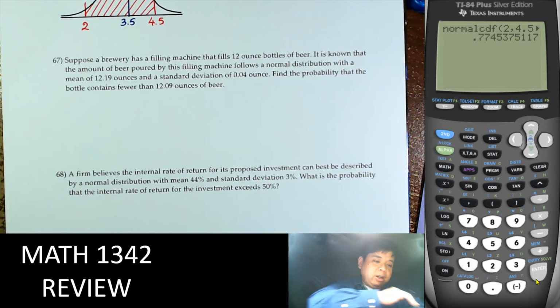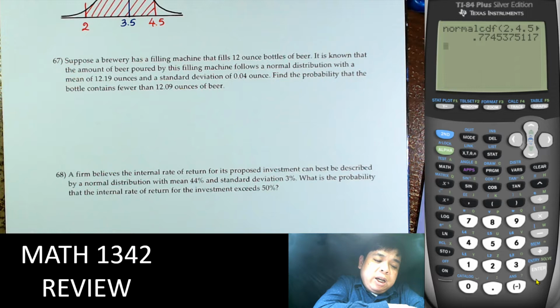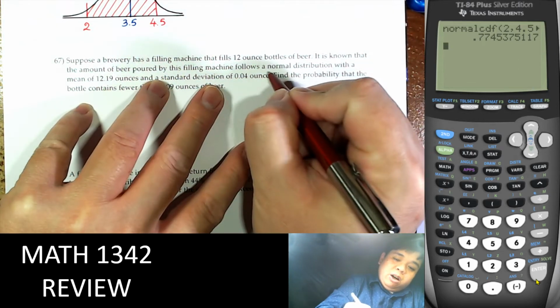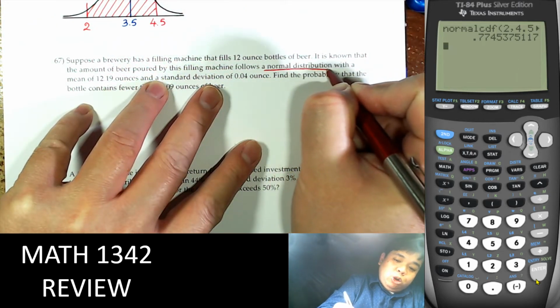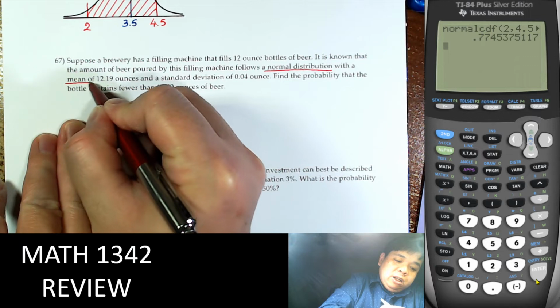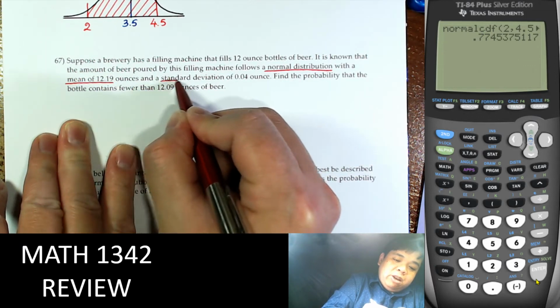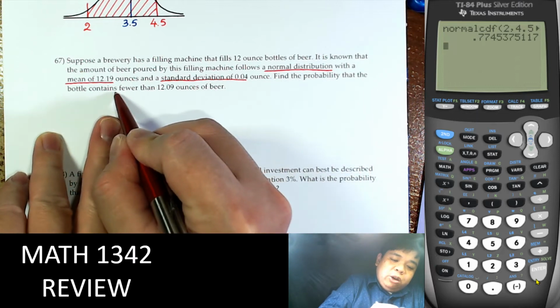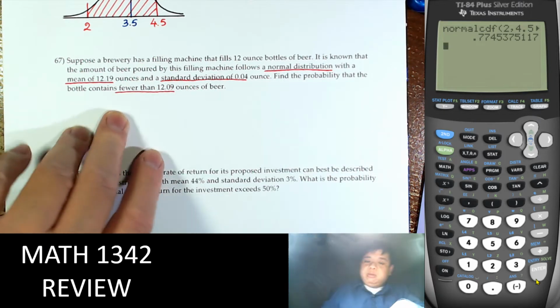Right, next one. Suppose a brewery has a filling machine that fills a 12-ounce bottle of beer. It's known that the amount of beer poured by this machine is, once again, normally distributed. We have the mean and standard deviation. Find the probability that it is fewer than 12.09 ounces of beer.